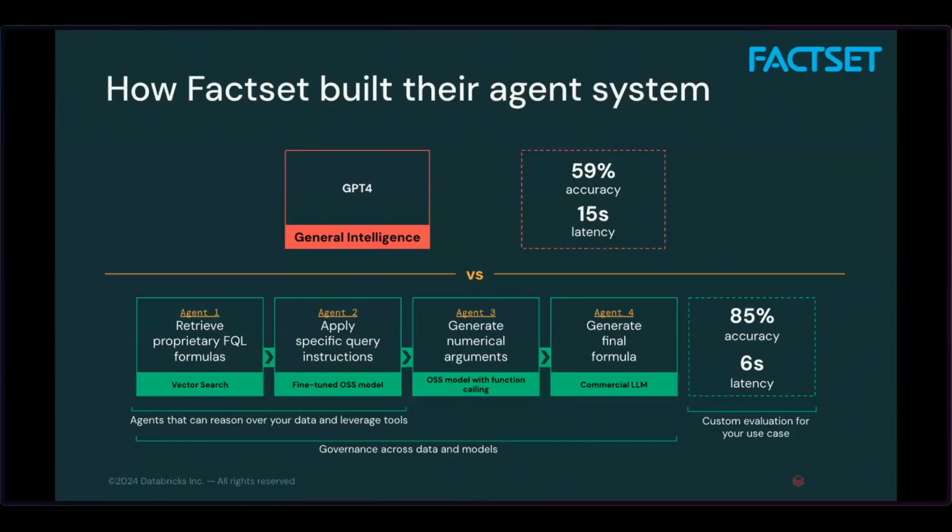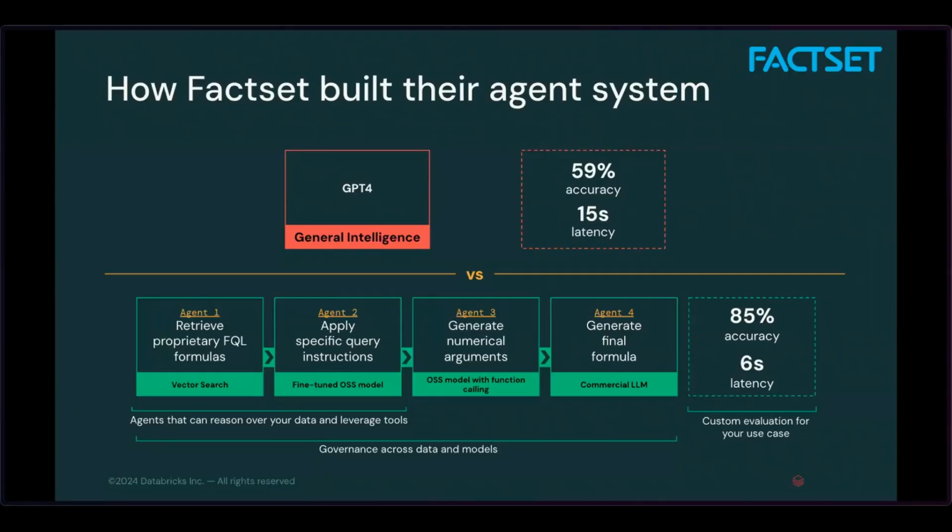Going from left to right here, you can see that agent 1 was retrieving the proprietary FQL formulas using Mosaic AI vector search. Then another agent applied specific query instructions using a fine-tuned open source model that they fine-tuned using Mosaic AI model training on Databricks.